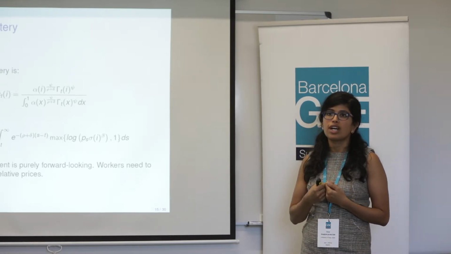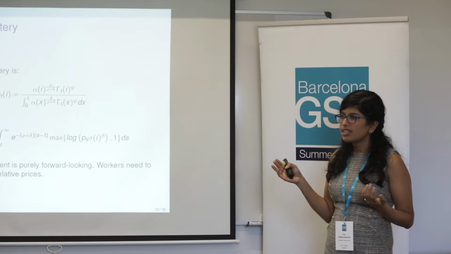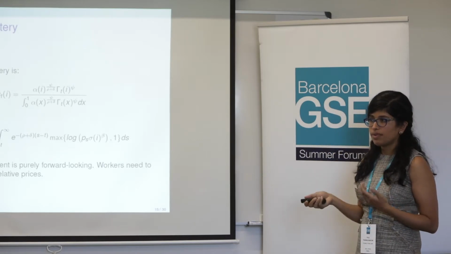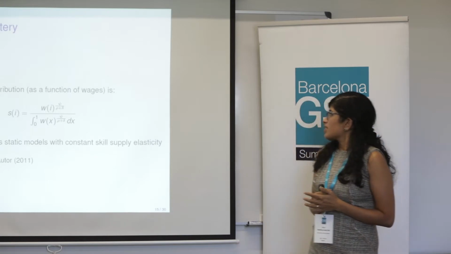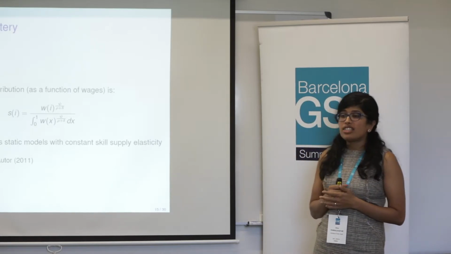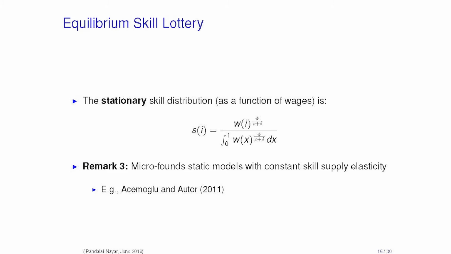The workers forecast the path of future prices and choose the lottery at the time that they're born. Unsurprisingly, the stationary skill distribution is just the lottery. You would have seen that from the Kolmogorov equation already.